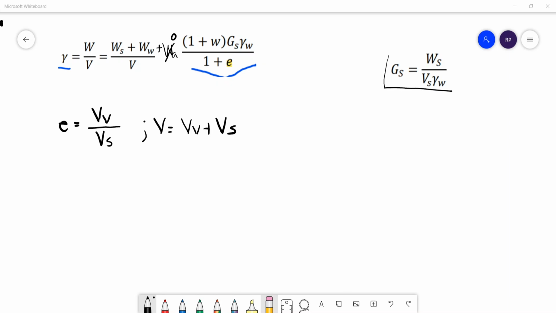Then I'll rewrite the equation of your void ratio. So that is e Vs, which would be equal to the total volume of your voids, Vv.